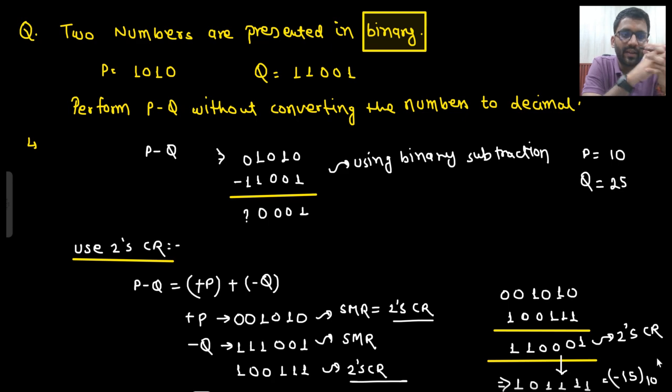Right? And how will I do 1's complement? The same thing I can do with 1's complement as well. So plus P in 1's complement representation, what would that be? That is 0 1 0 1 0, or you can put 0 0 1 0 1 0 only, since the 1's complement representation, sign magnitude representation and 2's complement representation are the same for plus P. What about minus Q in sign magnitude representation?